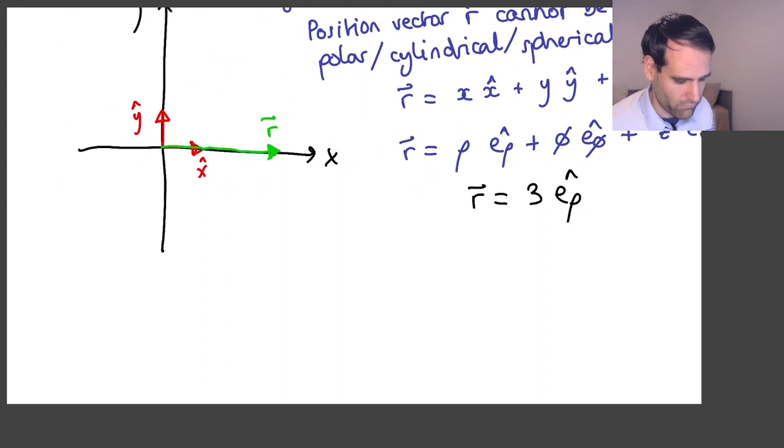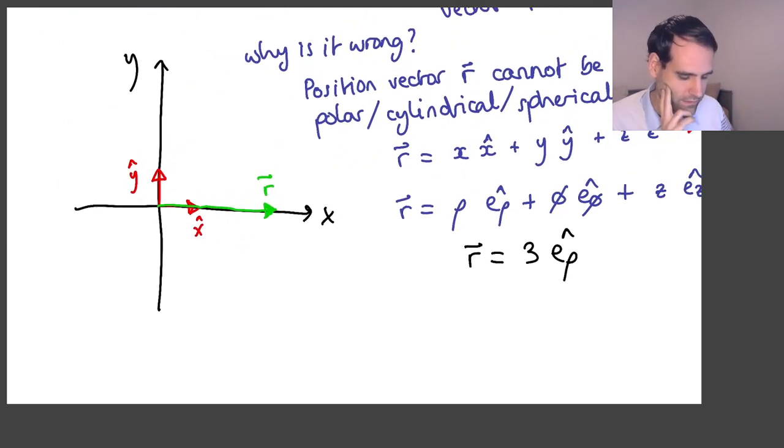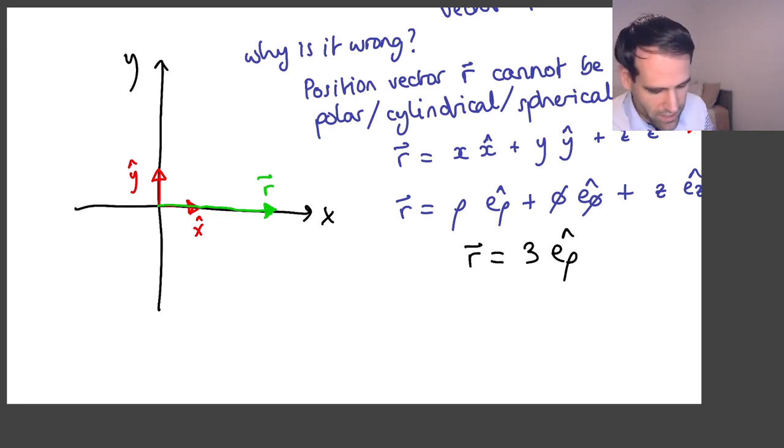So how do you do it? You have to draw e rho hat and e phi hat. But you cannot draw e rho hat and e phi hat if you don't know the position. So which direction is e rho hat? Is it in this direction? Or is it in this direction?